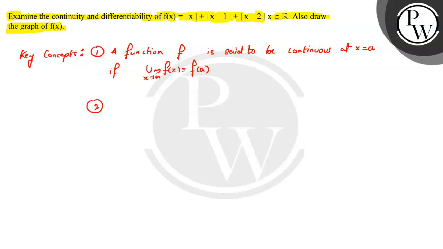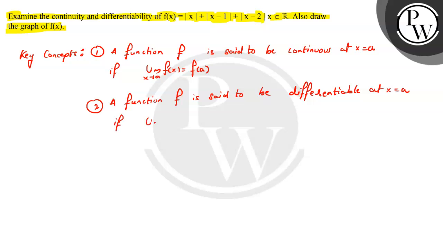The second key concept is the definition for differentiability. So we have function f is said to be differentiable at a point, say x equals a, if the limit x tends to a of (f(x) minus f(a)) divided by (x minus a) exists, and the value of the derivative of function f at a is equal to the value of the limit.